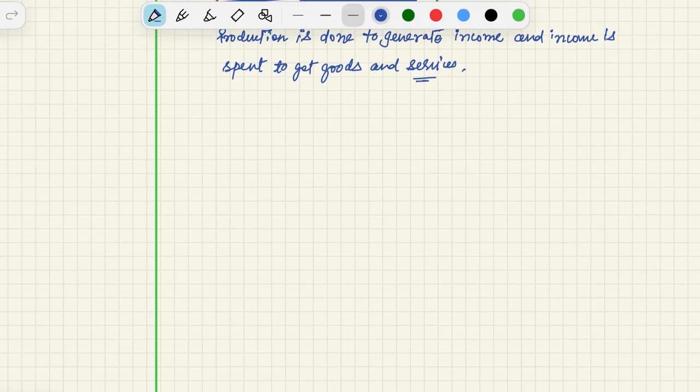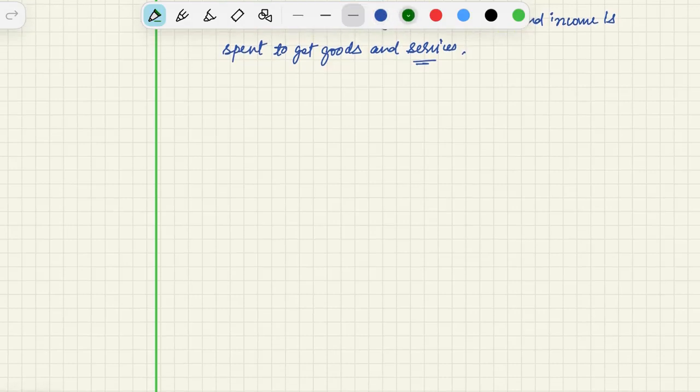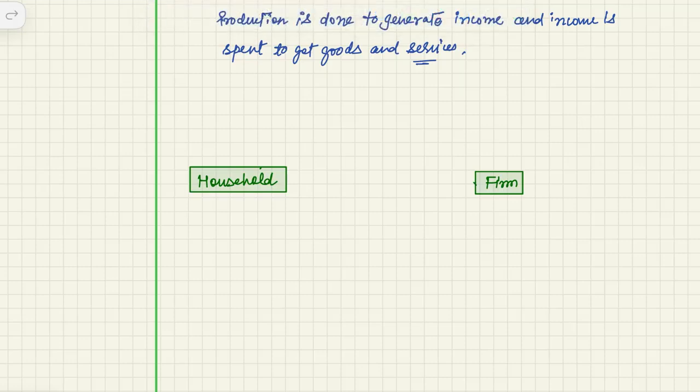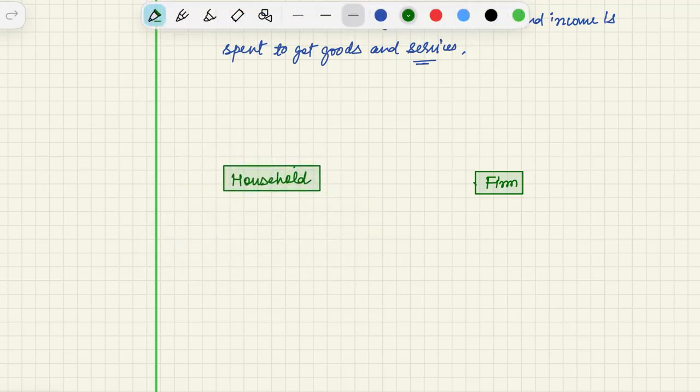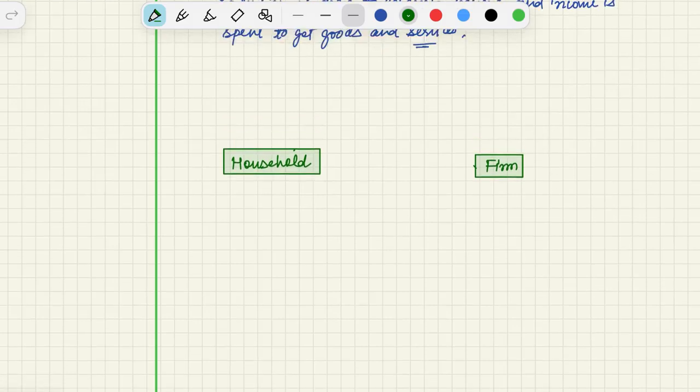So if you depict the circular flow here, there are two sectors. One is the household sector, and second one is the firm. So generally there are two sectors of the Indian economy: the household sector and the firm.